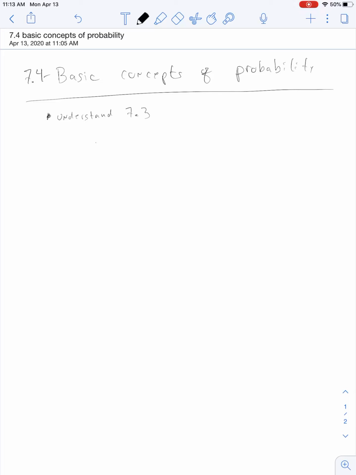And in 7.3, you did learn that the probability of an event equals the number of outcomes of that event over the number of outcomes of that sample size. So it's important to understand that 7.3 section.